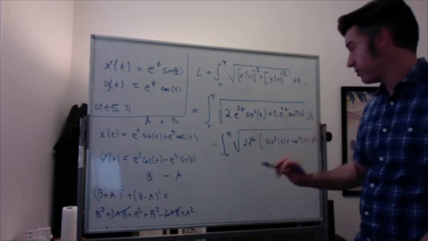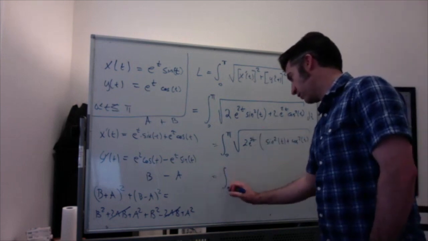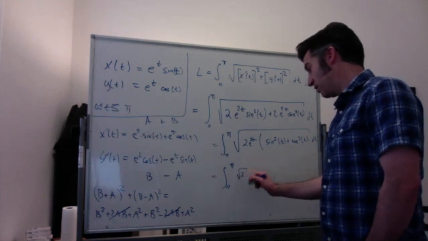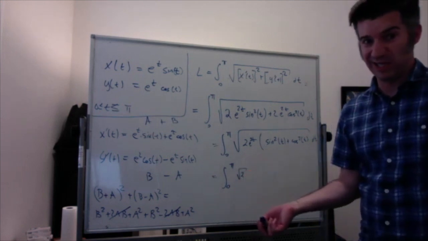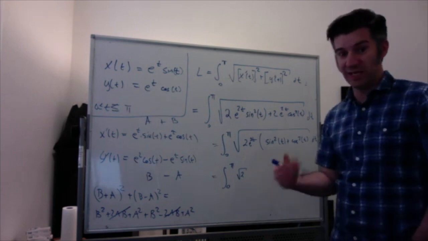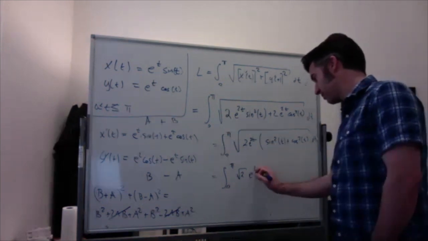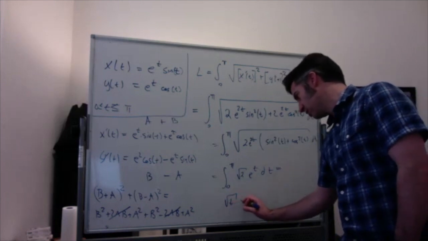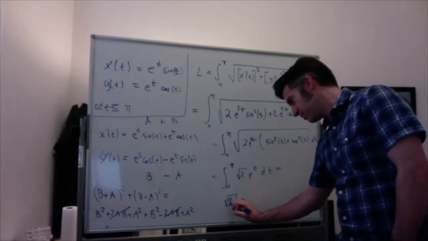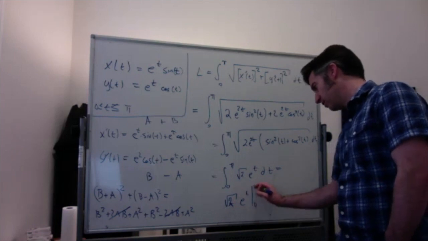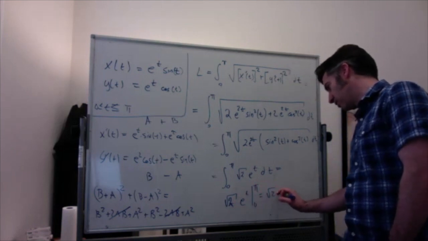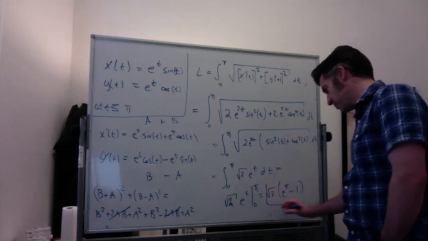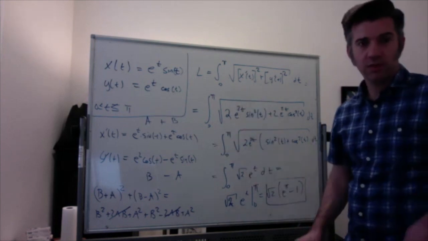So this is going to be the integral from 0 to pi of the square root of 2, and the square root of e to the 2t is just e to the t, because e to the 2t is e to the t squared. So this one actually turned out to not suck. The integral of e to the t is e to the t from 0 to pi. So we get the square root of 2 times e to the pi minus e to the 0. Cool.